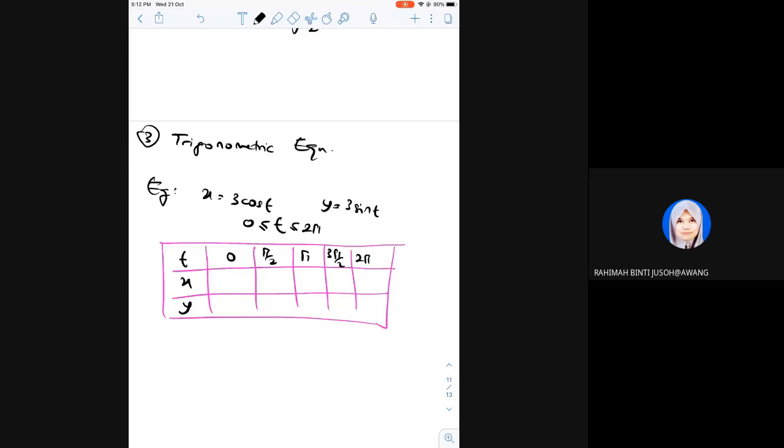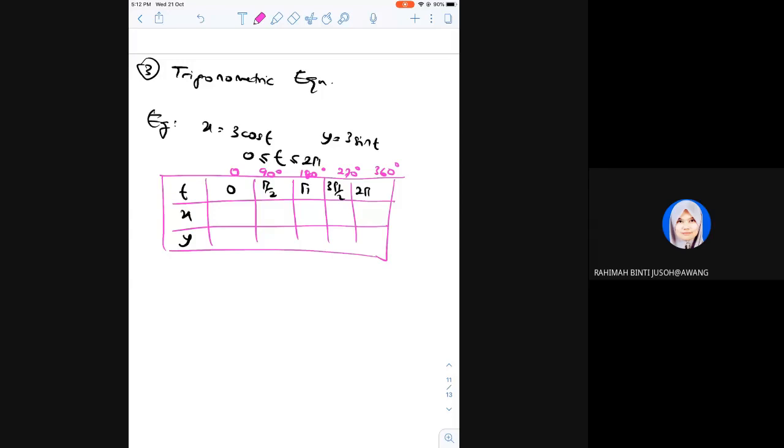Okay. So if you use kalau you pakai calculator, you nak guna pi, make sure you turn your calculator to radian mode. Okay. Tapi kalau you pakai degree, you kena tukarlah ni kosong, 90 darjah, 180 darjah, yang ni 270 darjah, yang ni 360 darjah, like that.